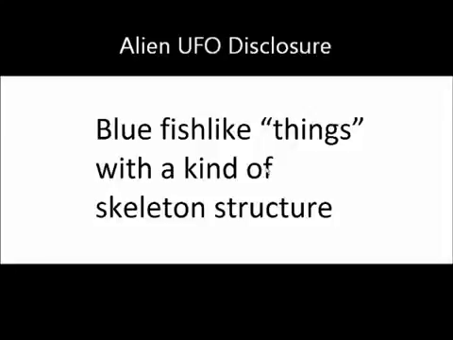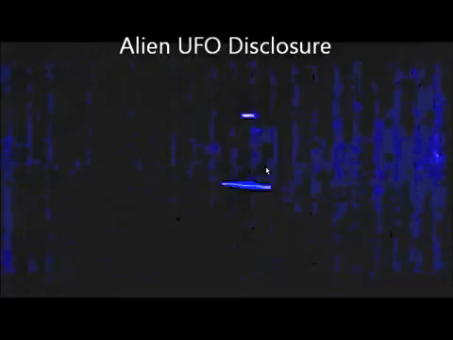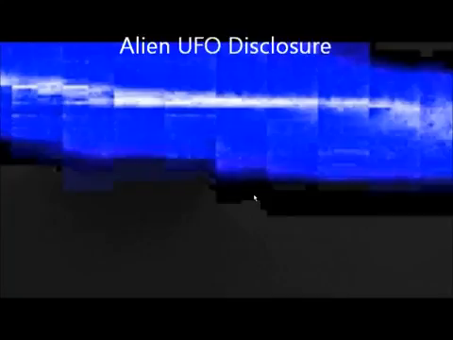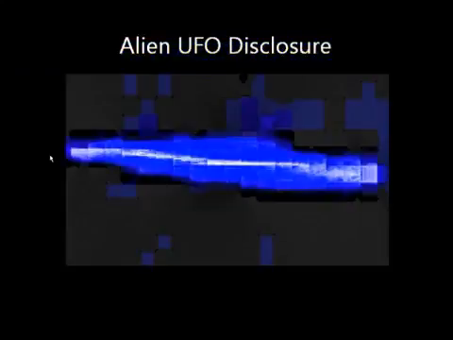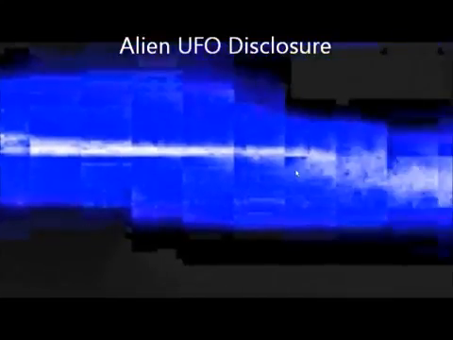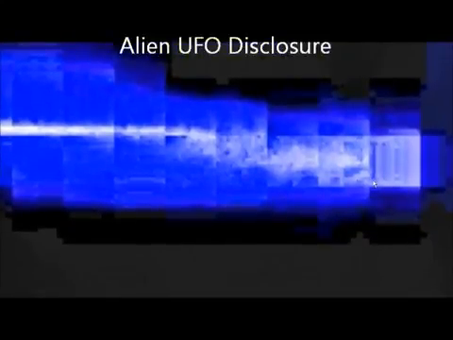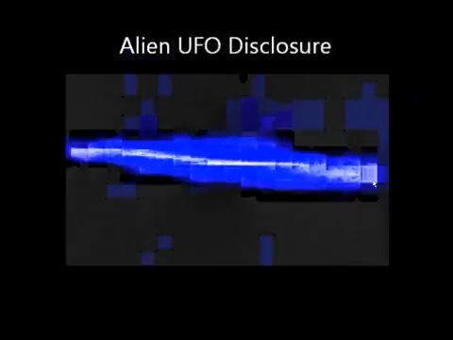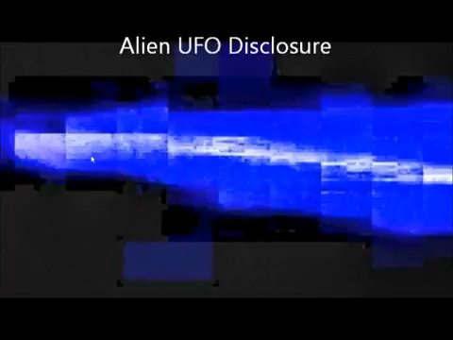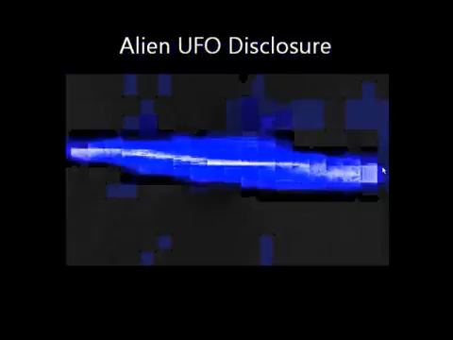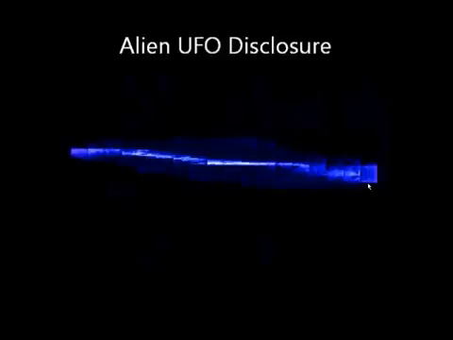Blue fish-like things, also with a skeleton structure. Now, here we come to the region where they really look like fish. And also notice here the back. Because you're going to see this more than once, in various shapes, but all with the same structure at the end.